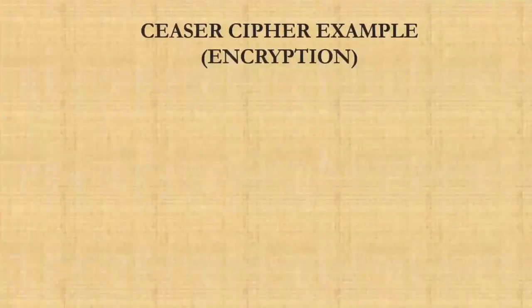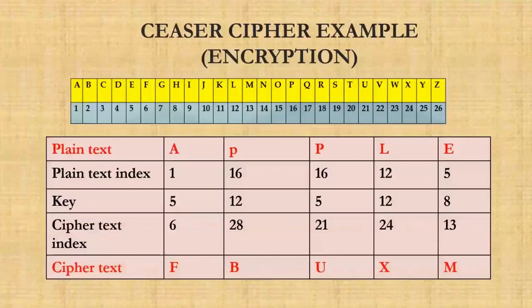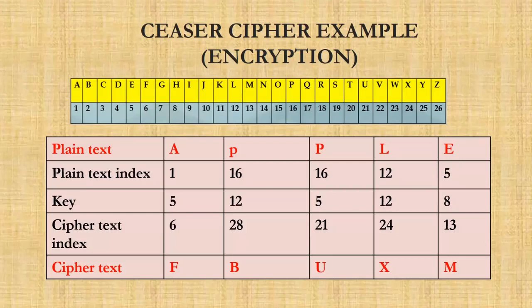Now we will see a Caesar cipher example for the encryption part. Here is a box with index and characters, and we will now convert plain text into ciphertext. Here we have taken an example which is apple.